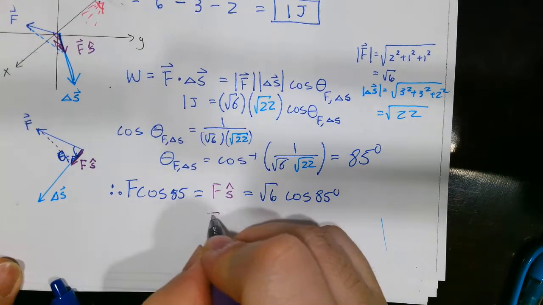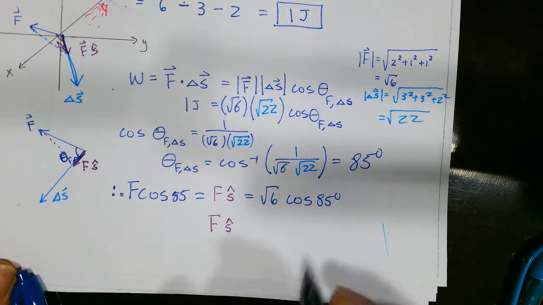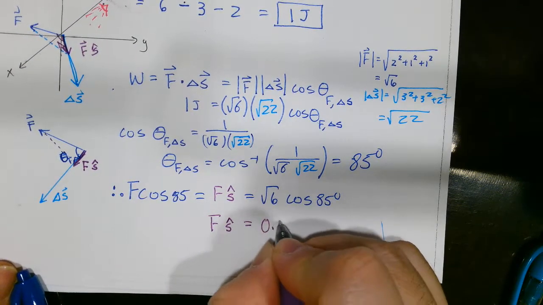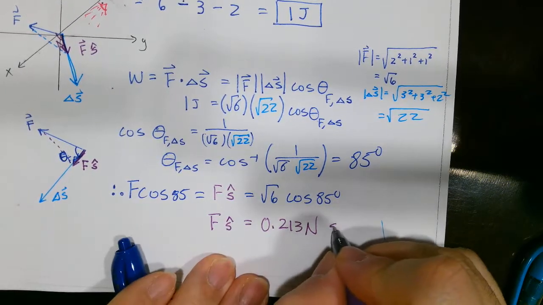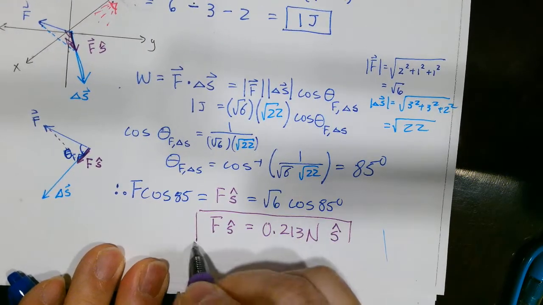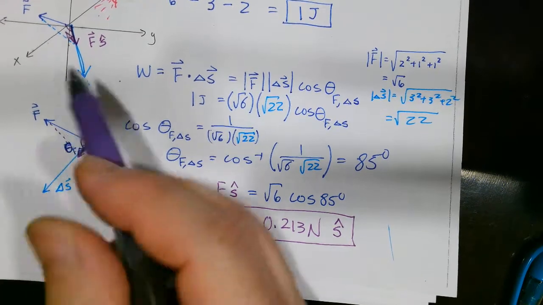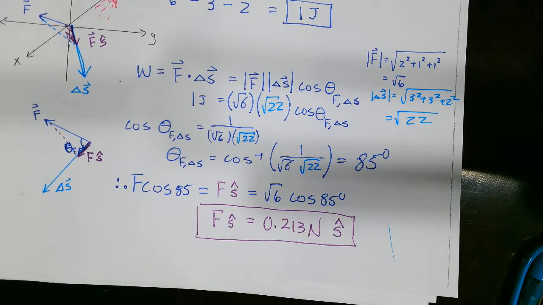So my F in the delta S axis direction happens to be 0.213 newtons S hat. So it's along the displacement vector axis. All right, any questions?